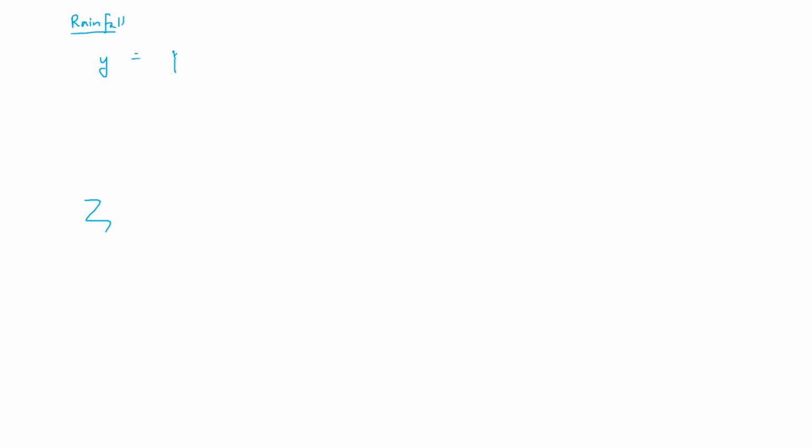Y is, let's say, some beta 0 plus beta 1 into deforestation plus some beta 2 into, let's say, number of rivers nearby. Something I do not know what else impacts rainfall. And that's all, plus error.